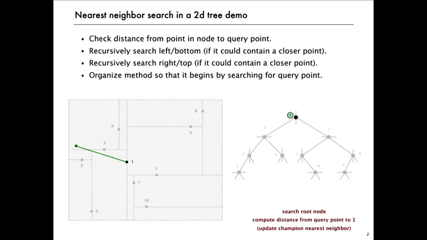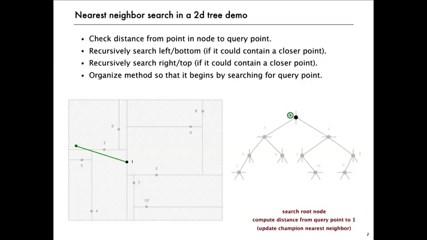So the first point is the closest we found so far to the query point, so we'll save number 1 as the distance. And we'll only worry about the possibility of finding something closer than that. And so just using that distance, we recursively search any part of the tree that could contain a closer point.